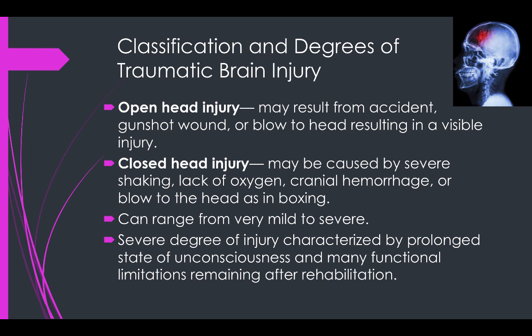As far as the degree of TBI, it can range from very mild to severe. And those that are in this severe degree of injury usually are characterized by a prolonged state of unconsciousness, and many functional limitations may remain even after rehabilitation occurs.